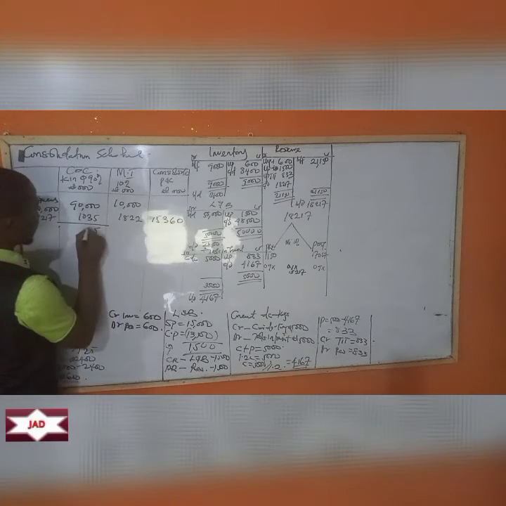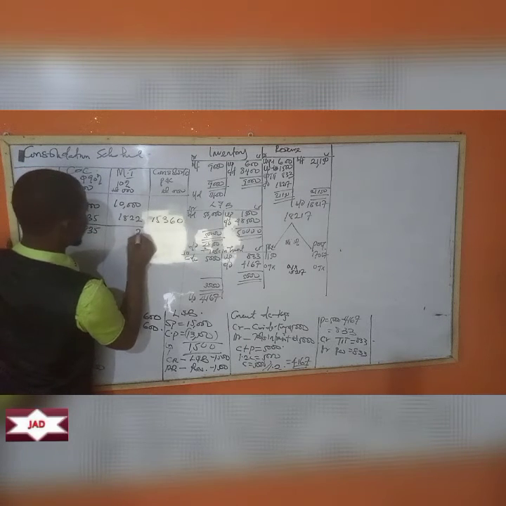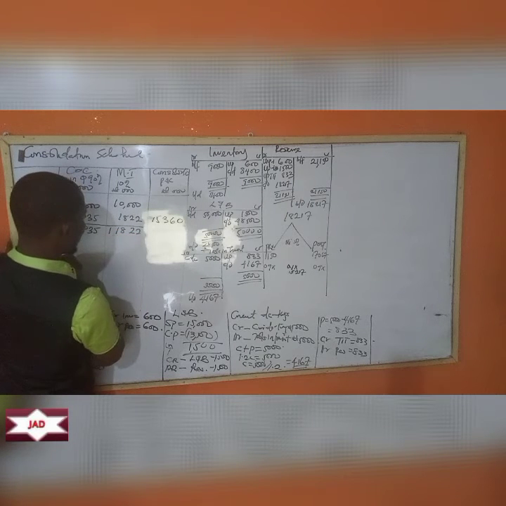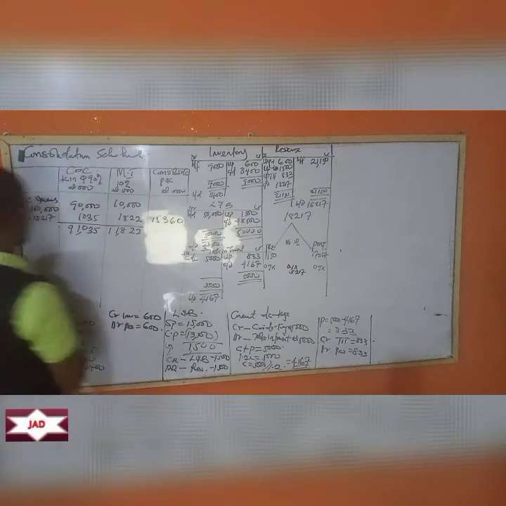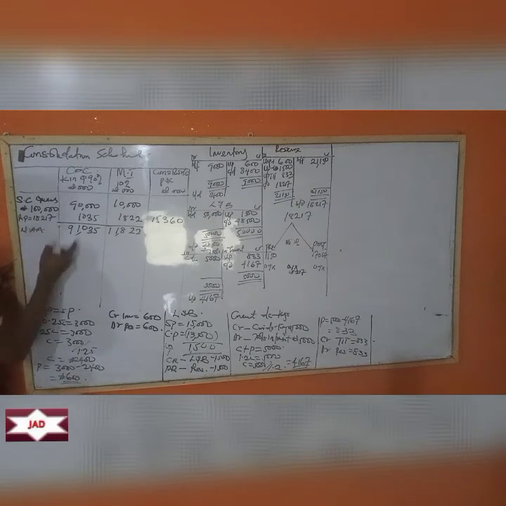This is 53,019 and this is 22,811, so this is your net asset acquired, 91,035. What's your cost of investment now?